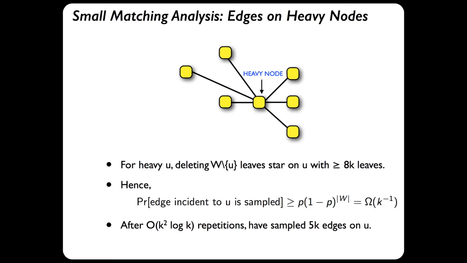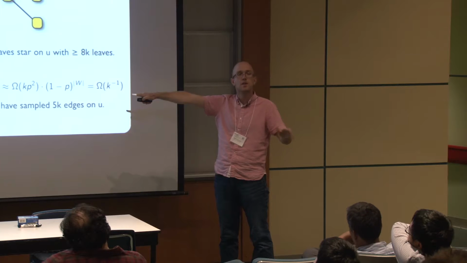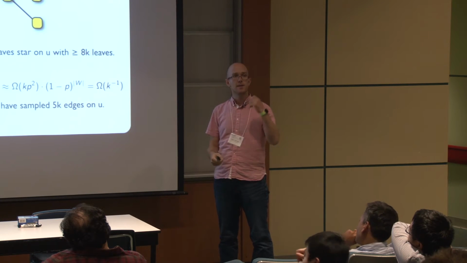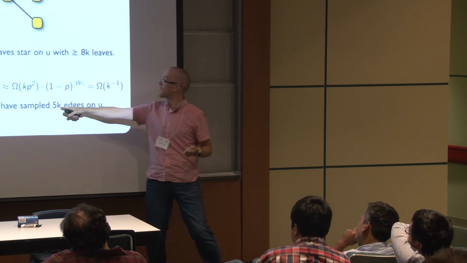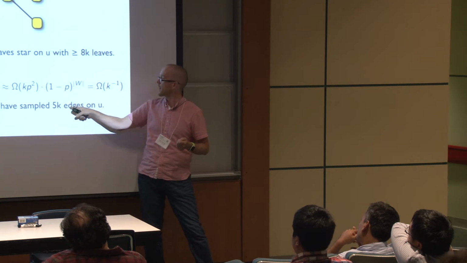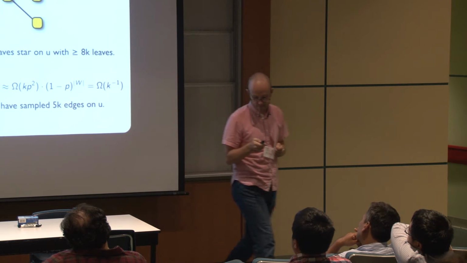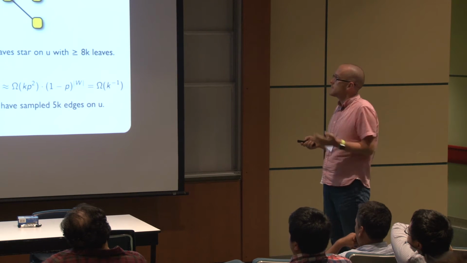And again, it's possible to show that with probability 1 over k, in the induced subgraph that arises in the Snape sampling, you have at least one edge amongst that star. So if you repeat k squared log k times, you're going to find order k, maybe 5k if you make the constants work out, 5k edges incident to U. And that's pretty much it.